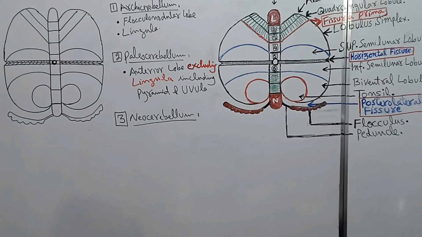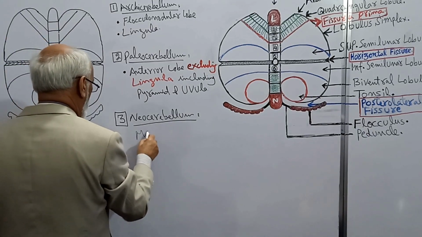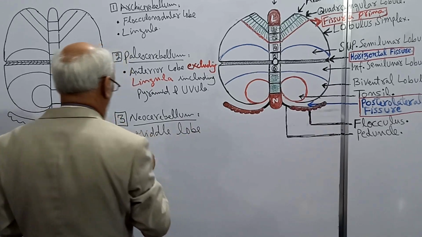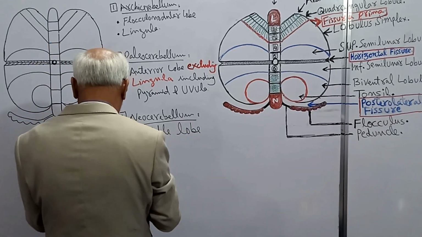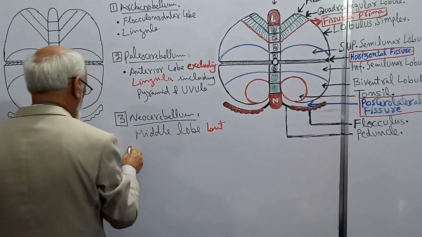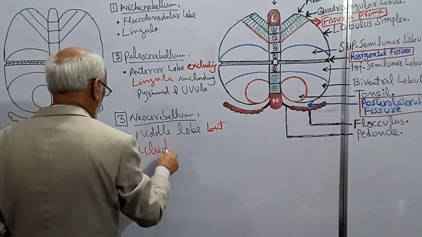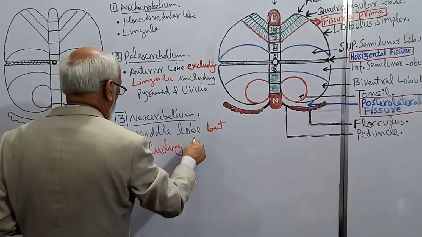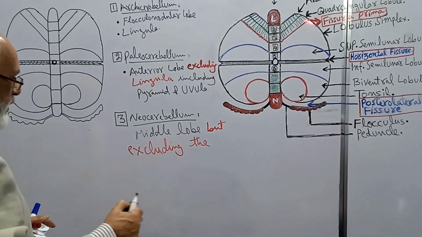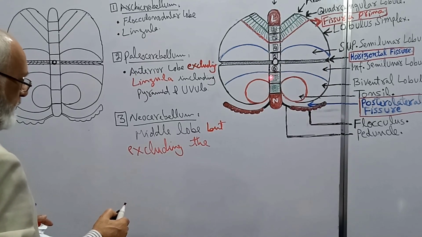Next, the neocerebellum. This is the middle lobe, excluding the pyramid and uvula.